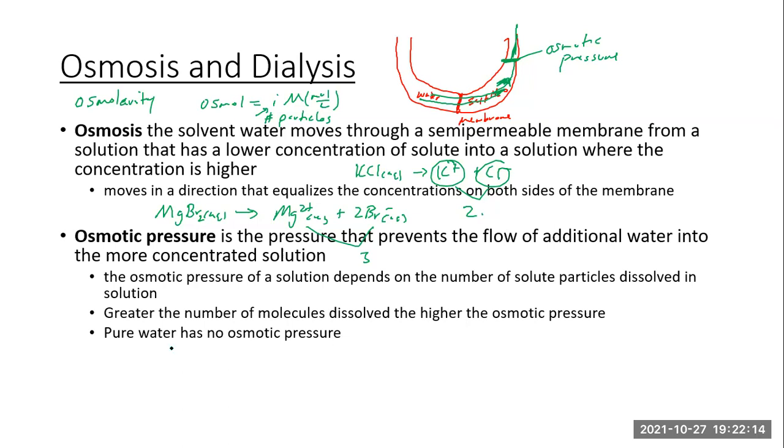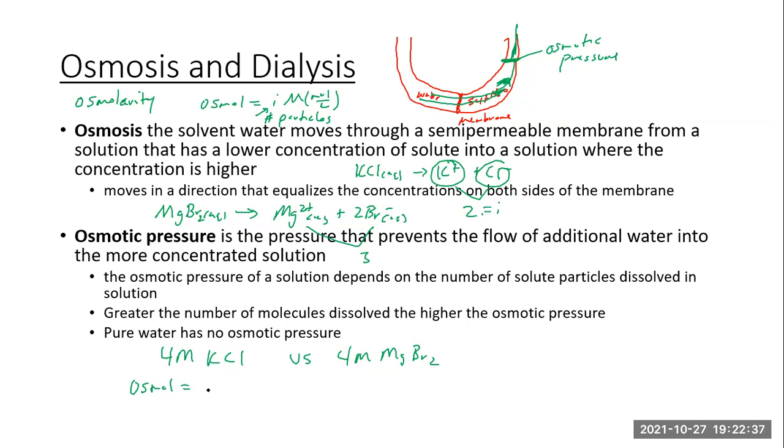If we had a 4 molar solution of potassium chloride versus a 4 molar solution of magnesium bromide, we could calculate the osmolarity of each of these. So the osmolarity of this one, i would be 2 because there are 2 particles.